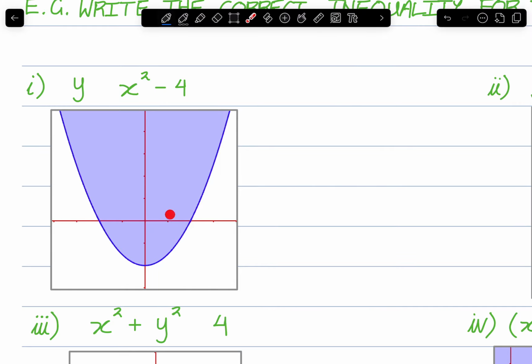Now remember, you could just take 0, 0 and substitute it in. But to move faster than testing algebraically, we pick a point and think about the y value in this case. Is the y value at this point above or below the parabola? In this case, the y value is above the parabola, hence why it's going to be greater than or equal to x squared minus 4.